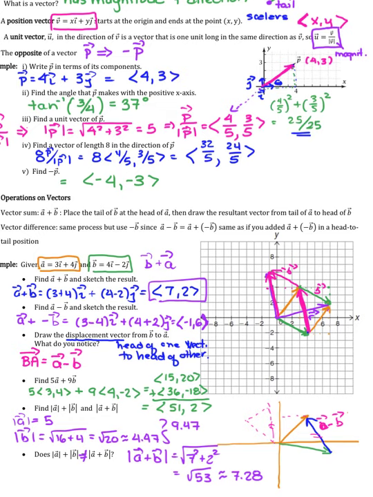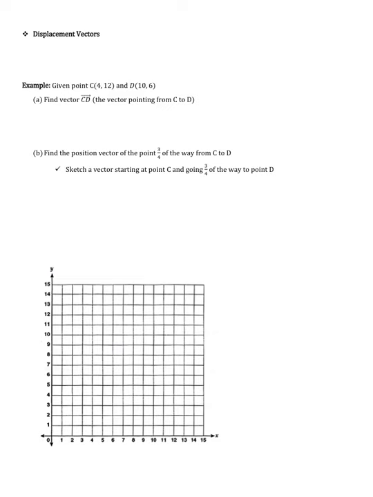Okay, so to pick up on what we ended with on the previous page, displacement vectors versus position vectors. Remember that a position vector is a vector that comes out of the origin. So that would be an example of a position vector. A displacement vector can be any two vectors, doesn't matter, they do not have to start off being position vectors.